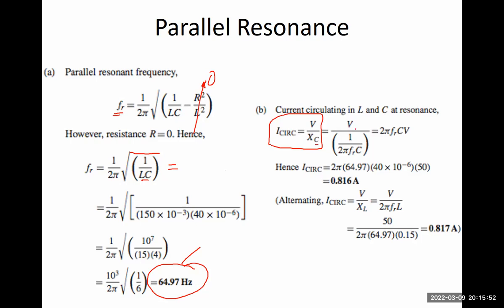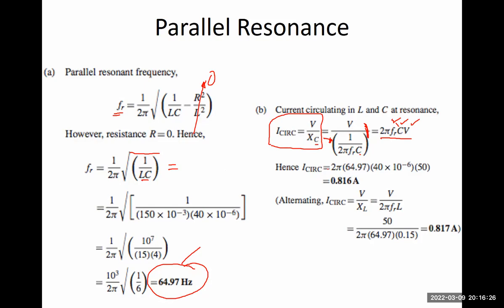XC is 1 over 2 pi times the resonant frequency and capacitance, so the current is 2 pi fr C V. We have a resonant frequency of 64.97 Hertz, a capacitance of 40 microfarad, and a supply voltage of 50.